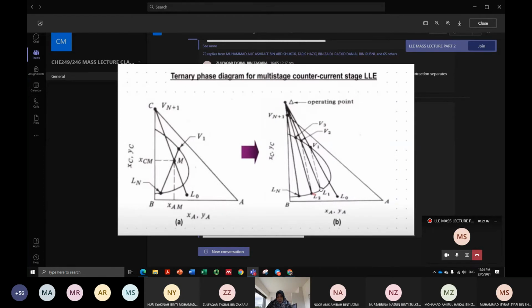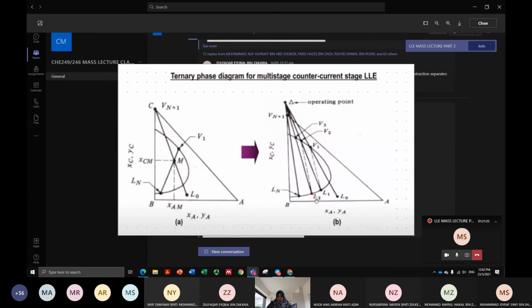As you draw the straight line, it intercepts the equilibrium curve here. This intersection point will represent your V2. So now it's time for you to label this point as V2.